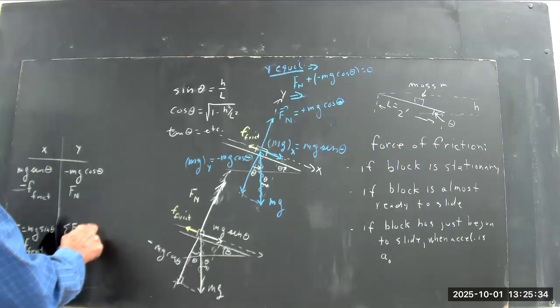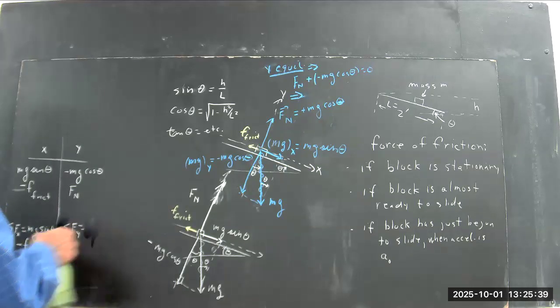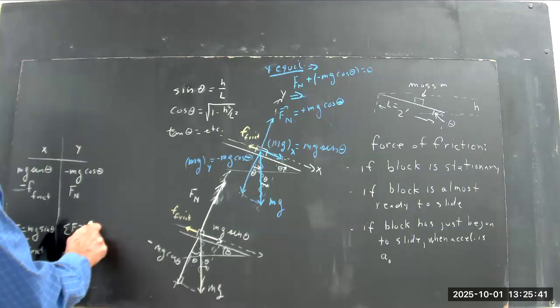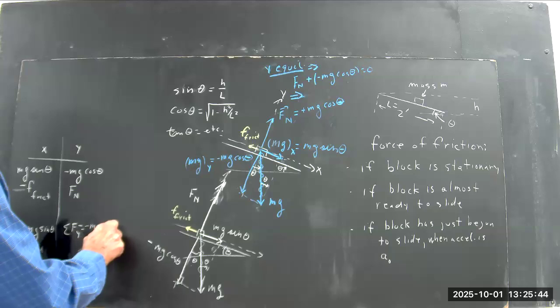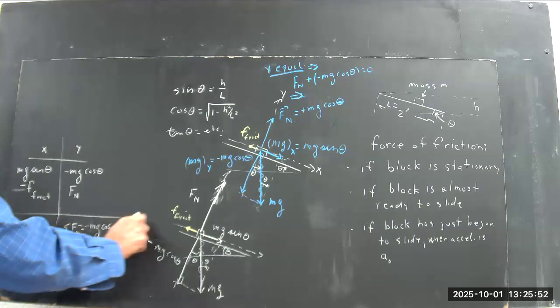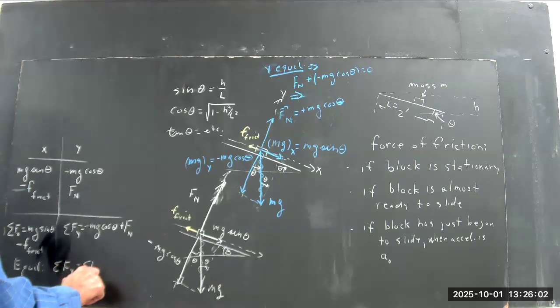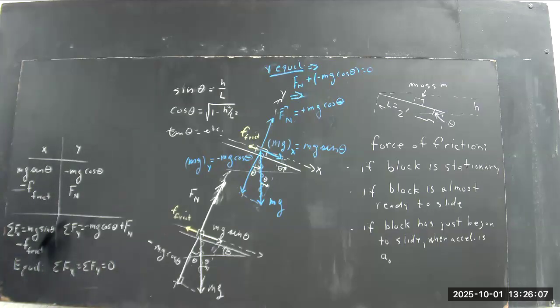Our Y forces, write the F before you write the M. Okay, I'm just going to do them in the order I wrote them. mg cosine theta plus your normal force. Equilibrium, sum of the X forces equals sum of the Y forces equals 0.